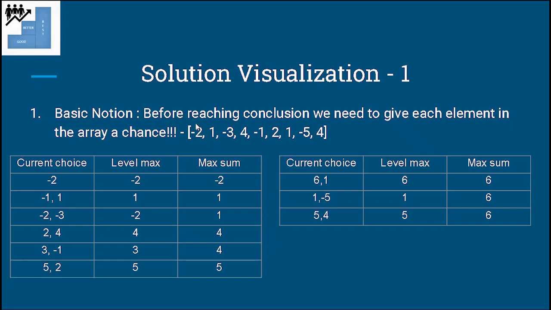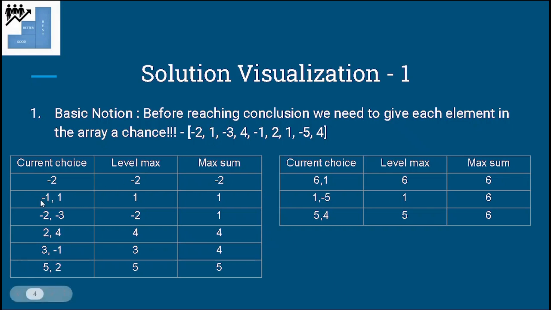Let's say we start from the left side, we have -2. Now, in order to consider 1 after having considered -2, what can we do? We have two choices. Either we include 1 in the existing array that we have analyzed, or we can start a new array from this.